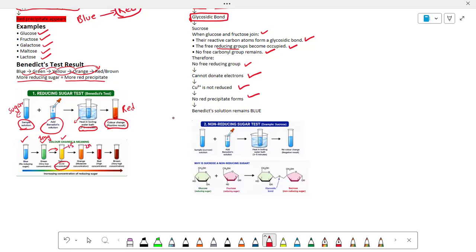Here it has 2 mg sugar. It may be 3 mg, here 5 mg. Because when we increase the concentration of reducing sugar, its color also changes.